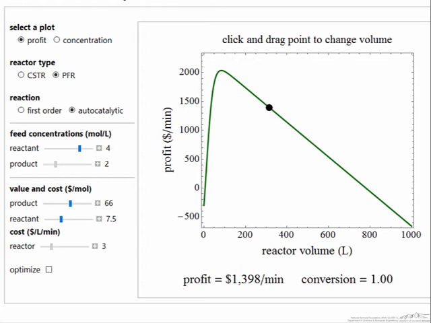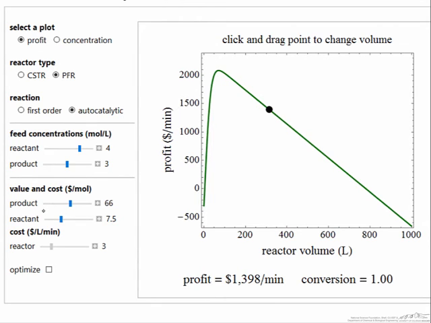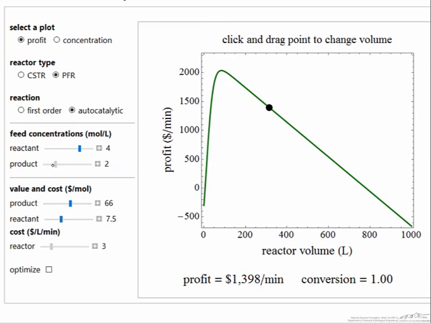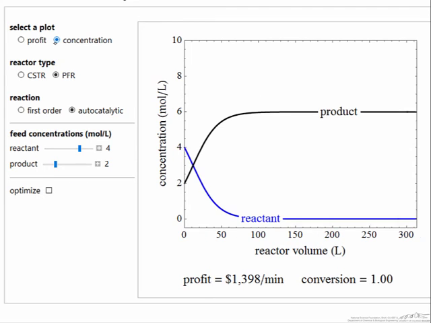For plug flow reactor, the behavior is similar, but the actual values are different, and the effect of the product is important. If we had no product in the feed for autocatalytic reaction, we get no reaction taking place. We can look at the concentration as a function of reactor volume. You can see most of the reaction is taking place in relatively small volumes.